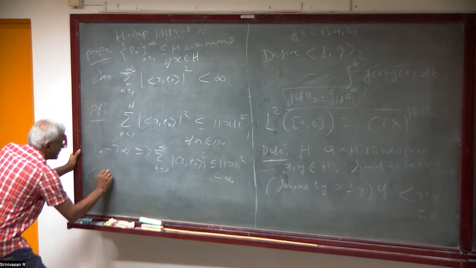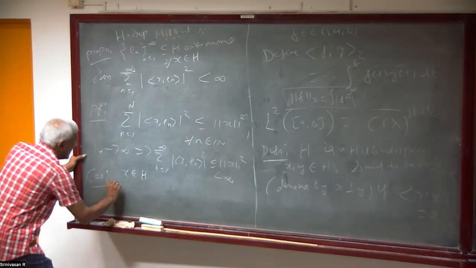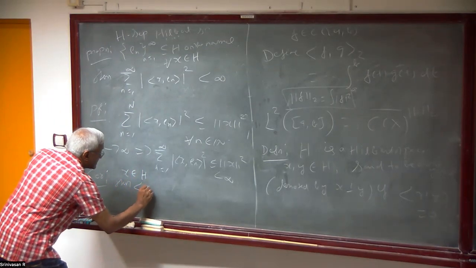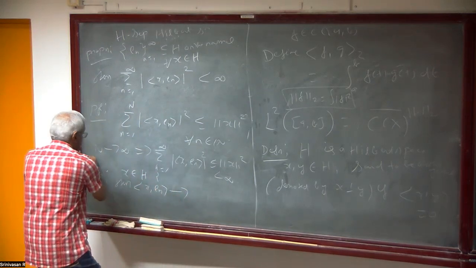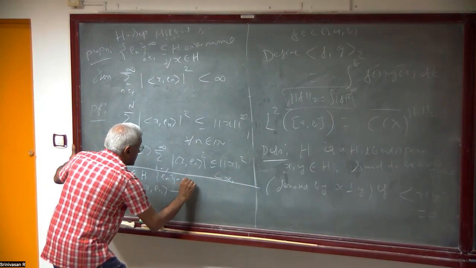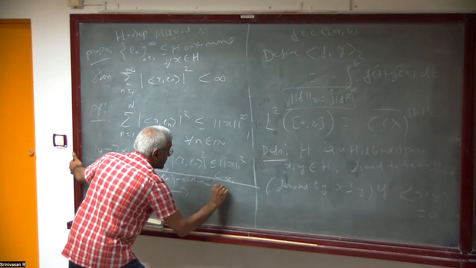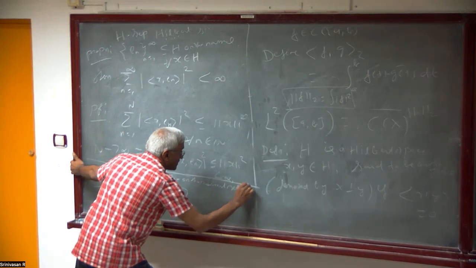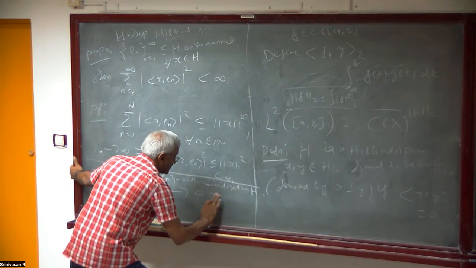So this gives the following corollary: x is in H, and en is an orthonormal set in H. Then (x, en) goes to 0 as n tends to infinity.